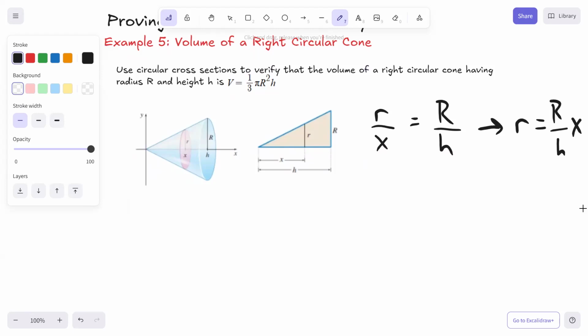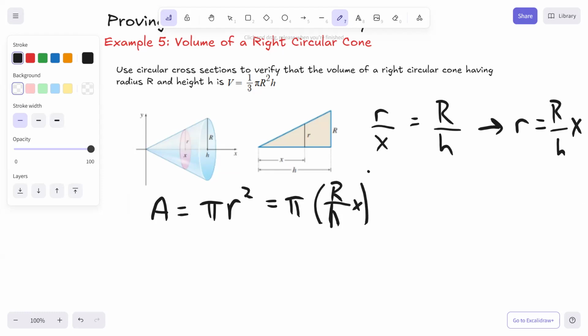Now, that slice right there is circular. So the area of that slice taken at x is pi r squared. And remember, r is capital R over h times x, squared. So that's going to give us pi capital R squared over h squared times x squared.